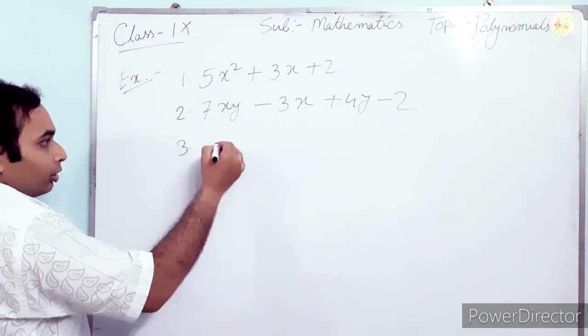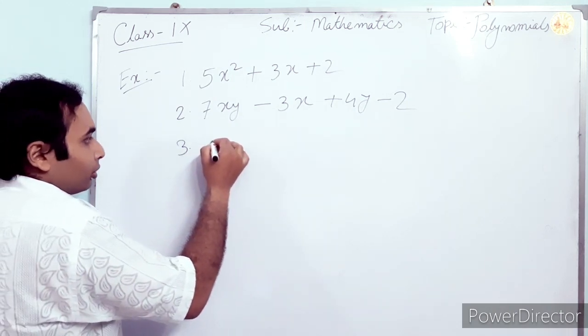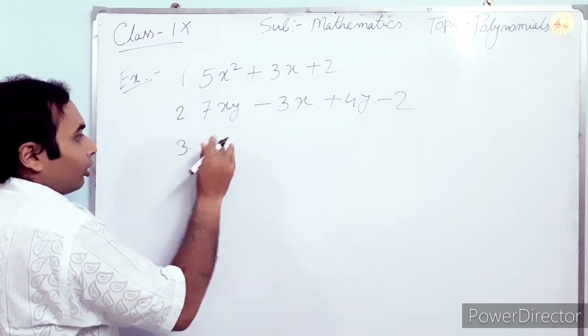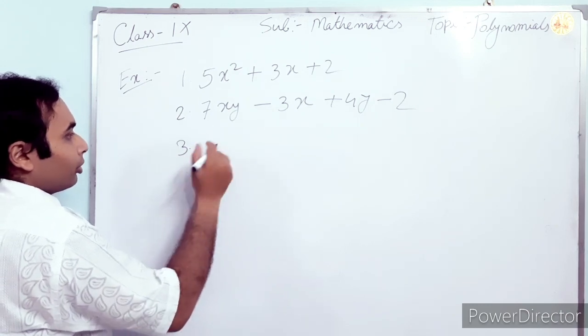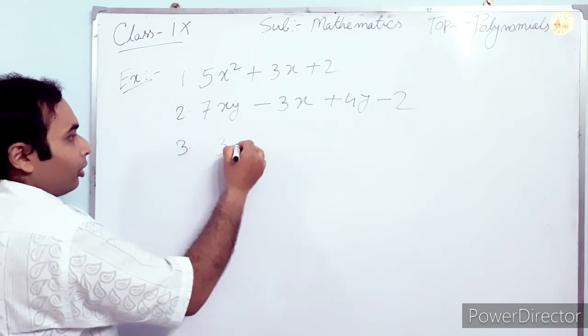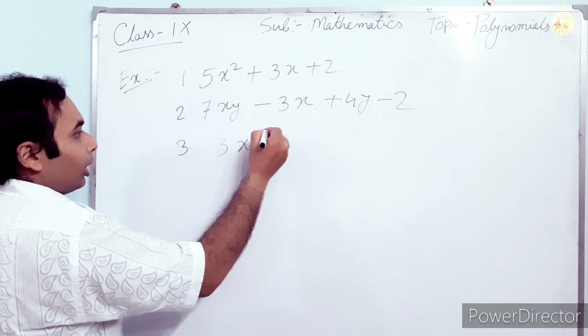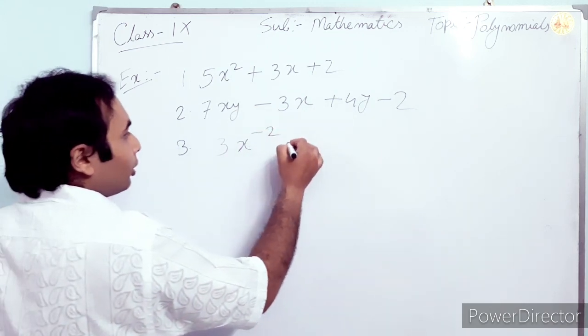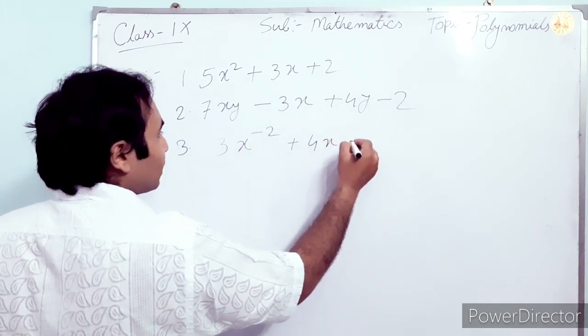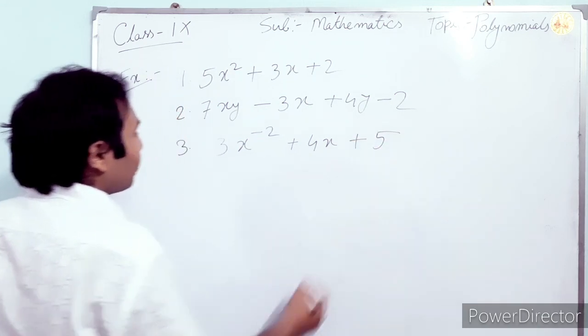7 or 3 x to the power minus 2 plus 4x plus 5.